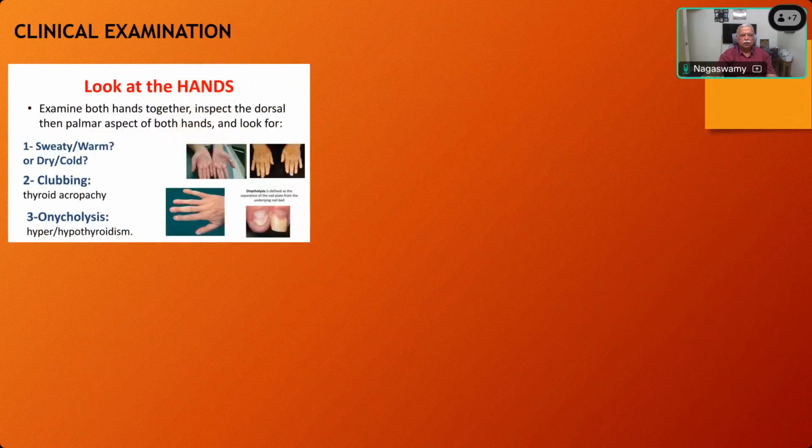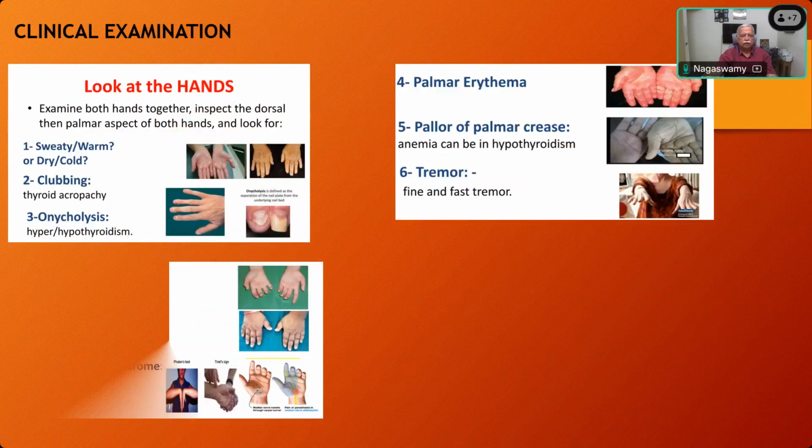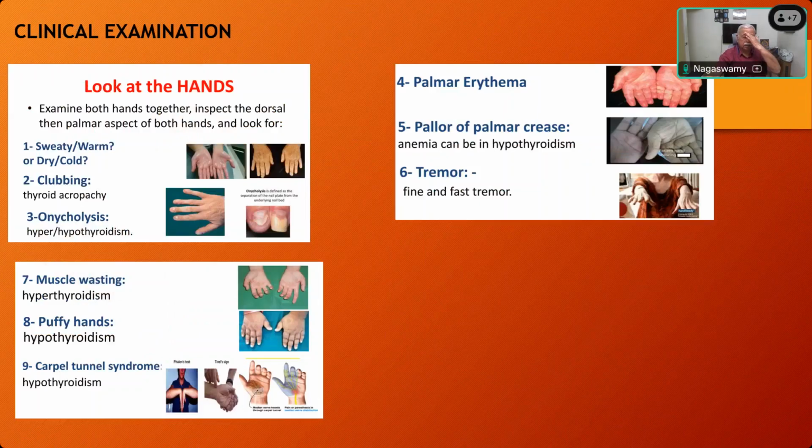And for clinical examination, first you start with the hands. Of course, after examining the gland and the local examination for signs of hyper or hypo, you have to look at the hands, where they may be sweaty and warm, or dry and cold in hypo. Clubbing may be there in thyroid acropachy, and onycholysis, that is, nails may be destroyed, and you may have palmar erythema or pallor of the palmar crease, and tremor may be present.